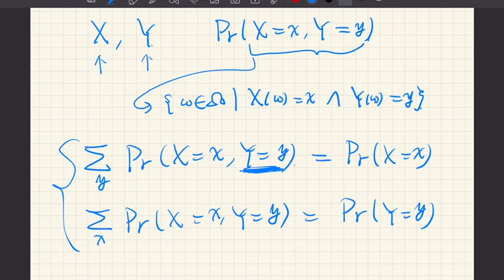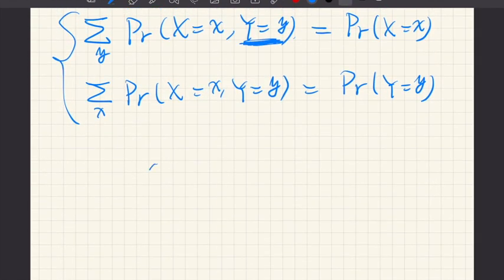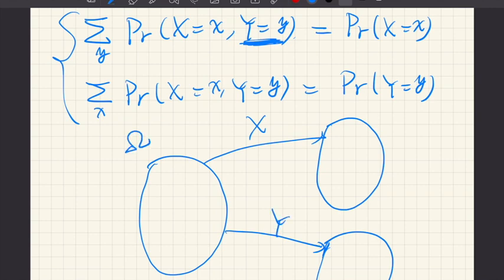Why is this the case? Let's consider the Venn diagram again. We have, in this case, two random variables. I think it's easier to consider two separate sets for x and y. So this is omega, and these are real numbers.